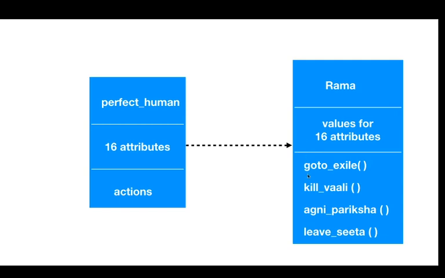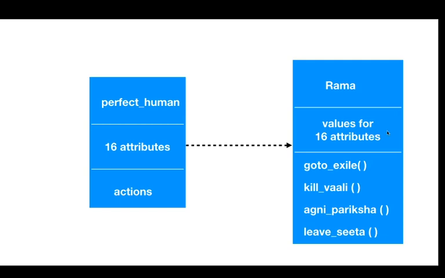Therefore, while we are discussing the actions of Rama, it becomes imperative for us that we should give a justification for these actions only based on the values of the 16 attributes which are part of this class.